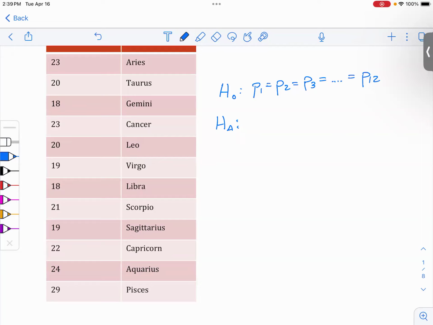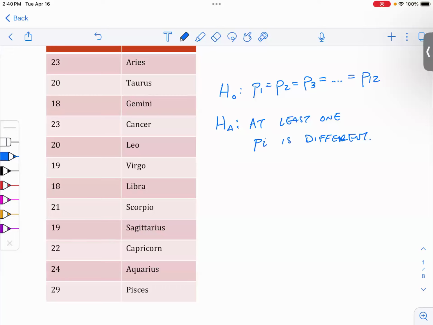We are saying that all 12 of these proportions are the same, or at least one Pi is different. And so this is very, very similar to our hypotheses that we had before. All right, a bunch of proportions are equal or something is different.